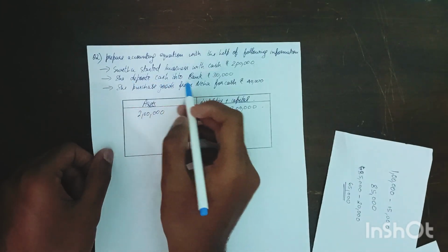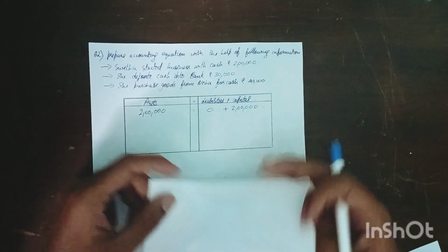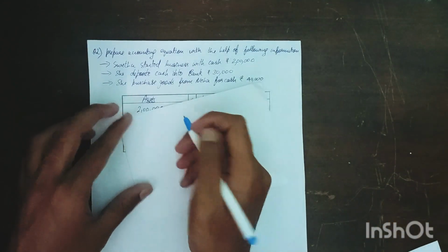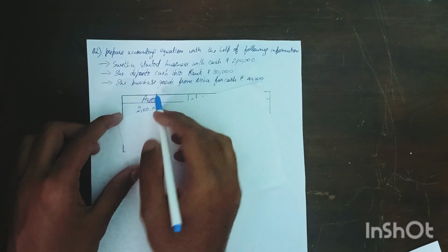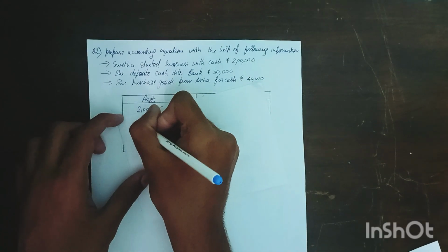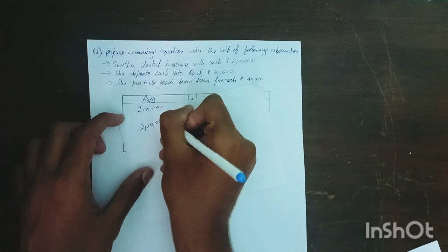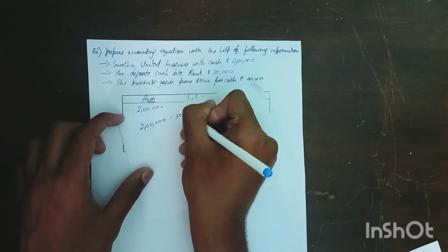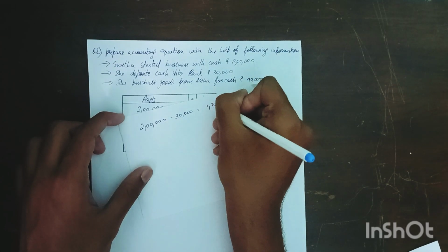So she deposited cash into bank 30,000. First we subtract 30,000 from 2 lakh because she is depositing the cash to the bank. 2 lakh minus 30,000 is equals to 1,70,000.